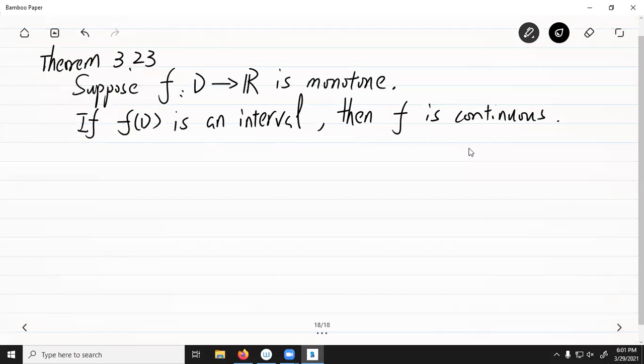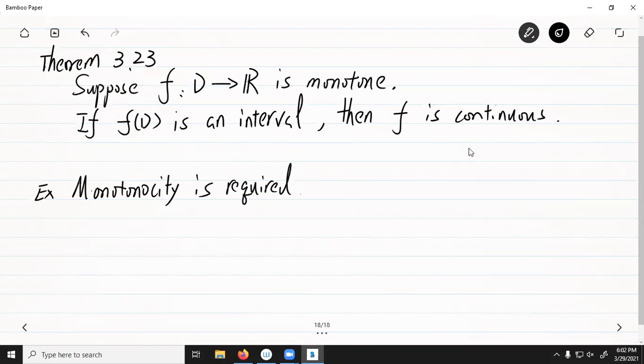Before the proof, let's look at one example. The next time we will prove this theorem. This example shows monotonicity is required for this theorem.